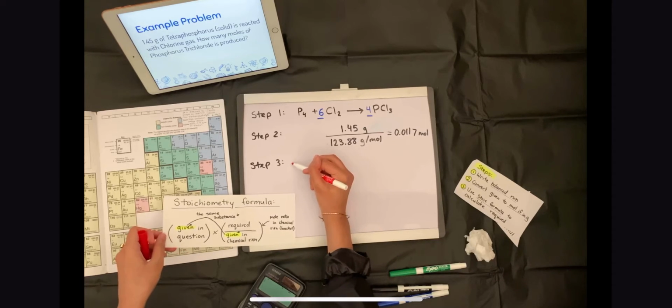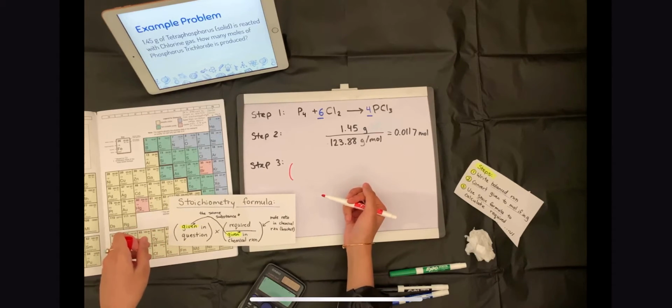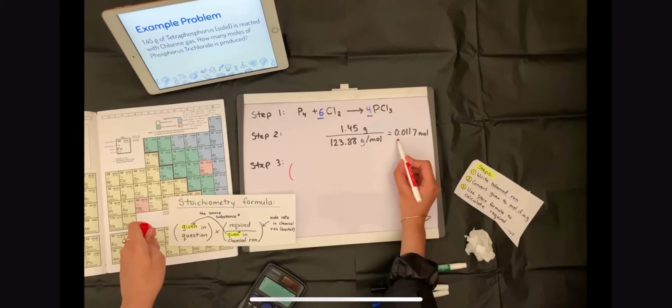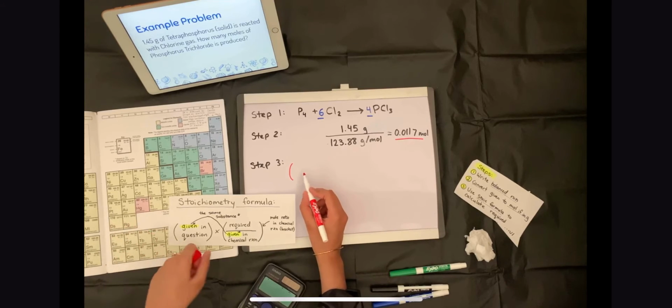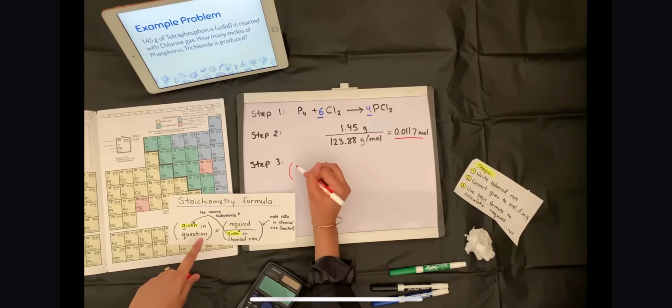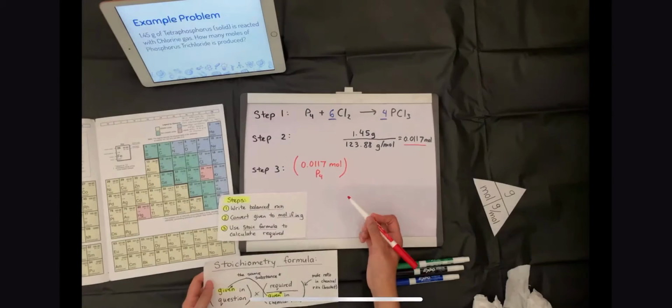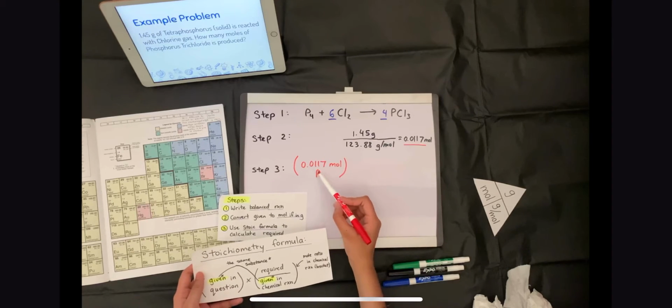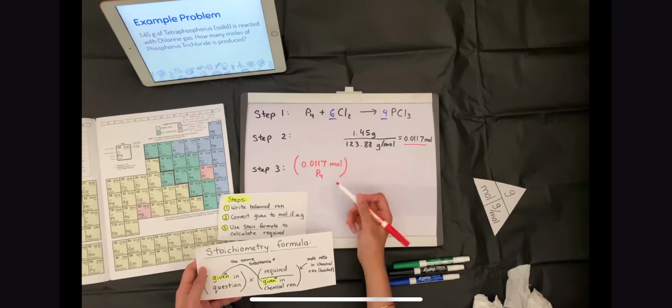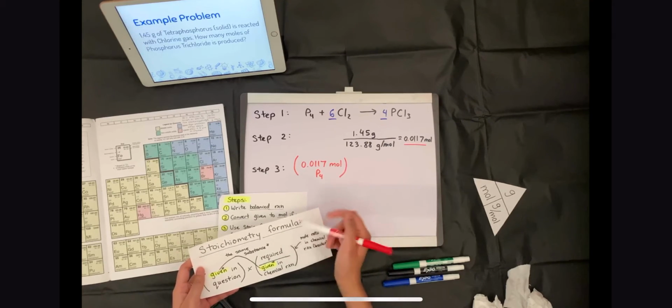Given in the question is 1.45 grams. But remember, we had to convert it to moles, and every time you put it in this bracket, it has to be in moles. So we put 0.0117 mole of phosphorus.